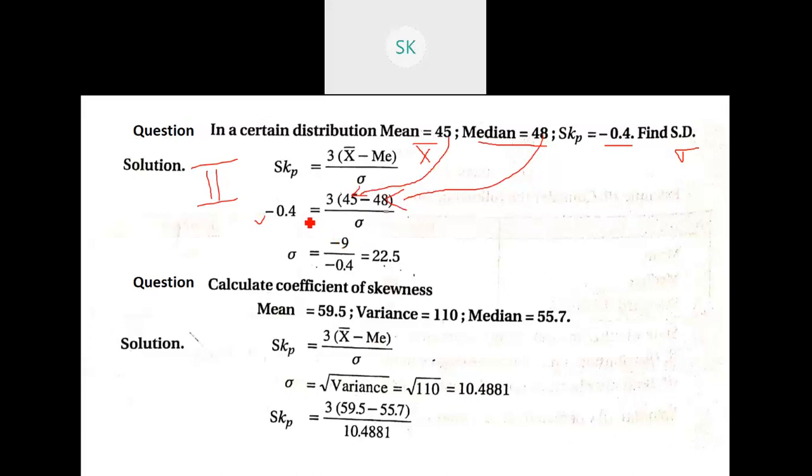Now all that you have to do is just interchange these places where your x bar goes to the other side and minus 0.4 comes down here. So in the next step, standard deviation is equal to 3 into 45 minus 48. So 45 minus 48 is minus 3. Okay, 3 into minus 3 divided by minus 0.4 will be your next step.